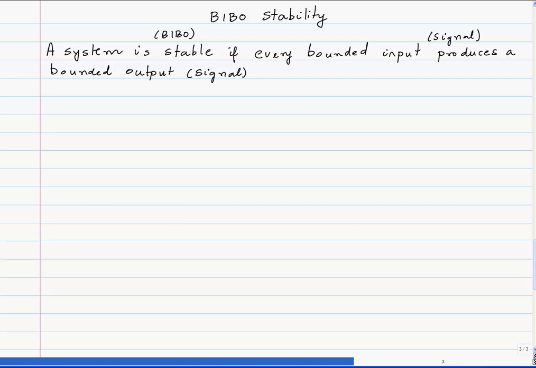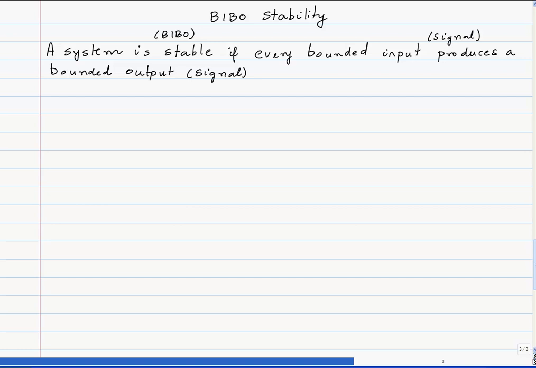And if I guess that this could be an unstable system, all I require is one bounded input that results in an unbounded output. So it may be quite easy to prove that a system is not stable by actually coming up with a bounded input that produces an unbounded output.